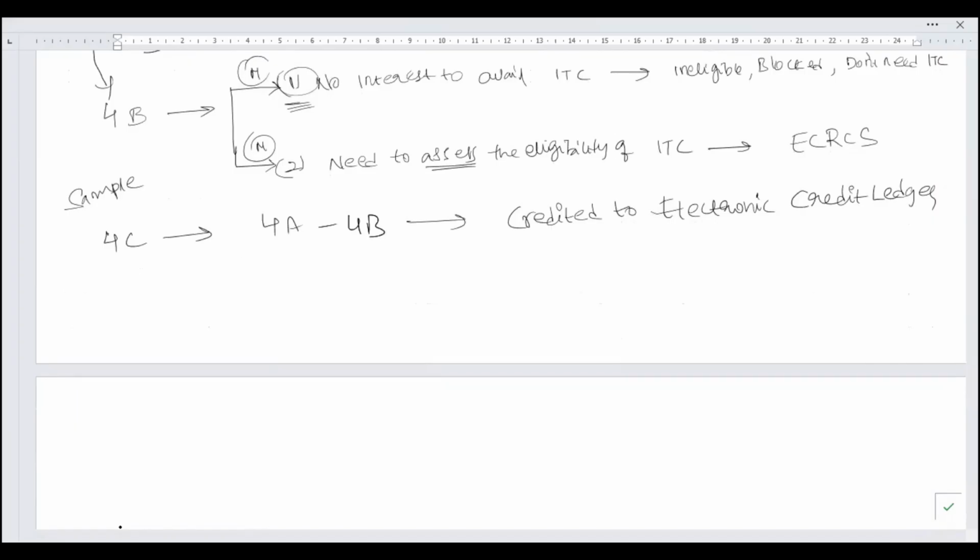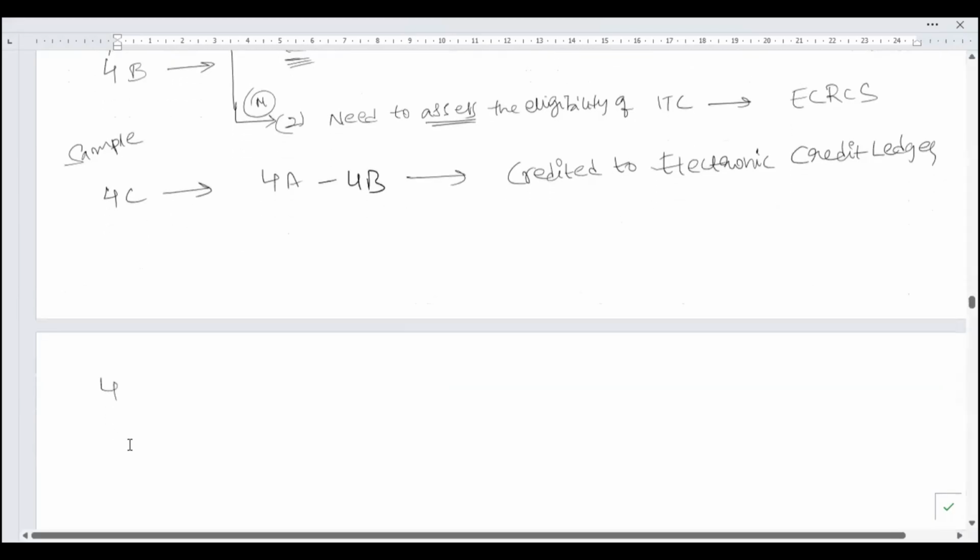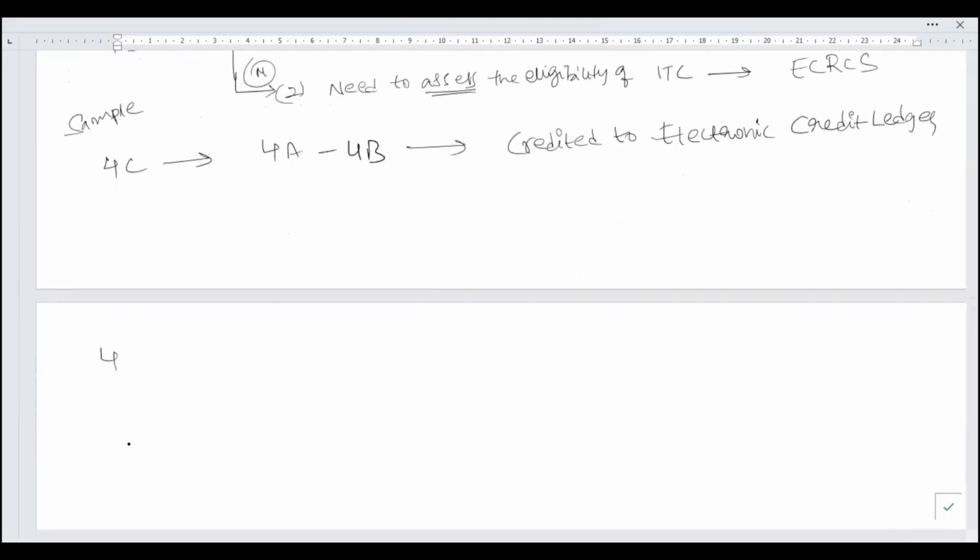Where this 4D comes into picture. 4D has got two elements. One is your availment from ECRCS.